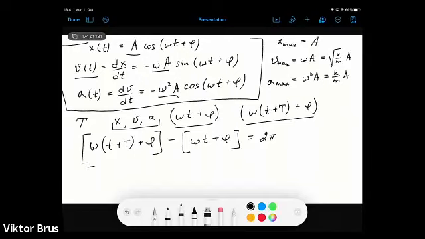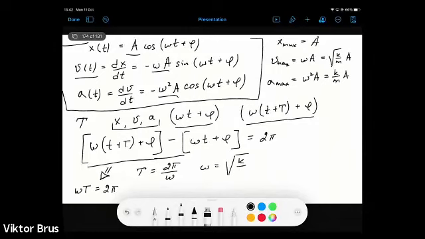And from this equation, we will get that omega times T is equal to 2 pi. Means that the period is equal to 2 pi divided by omega, which is angular frequency. We know that omega is equal to square root of k divided by m.